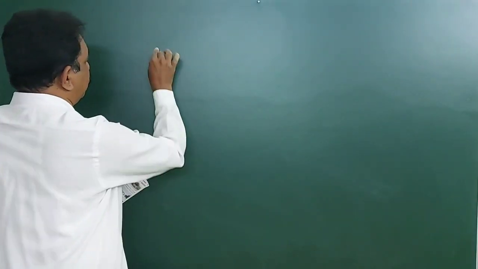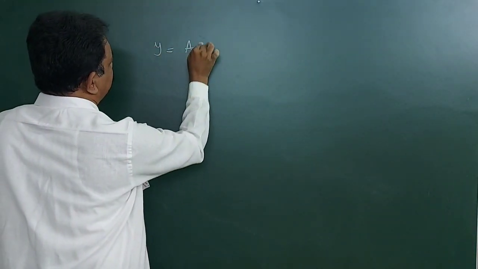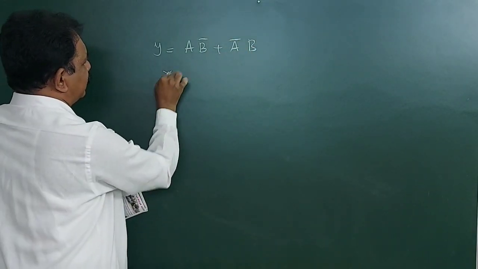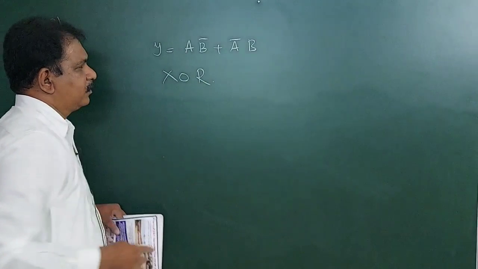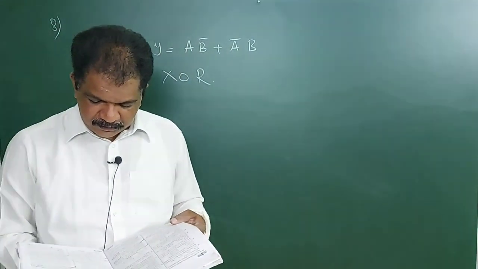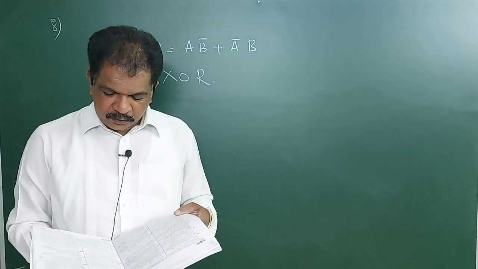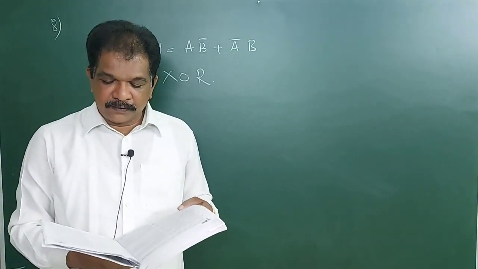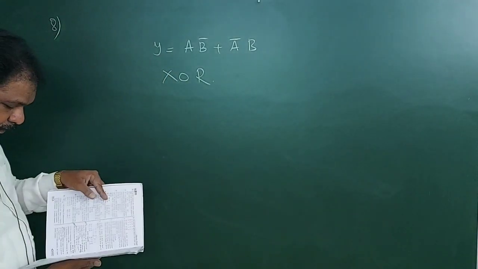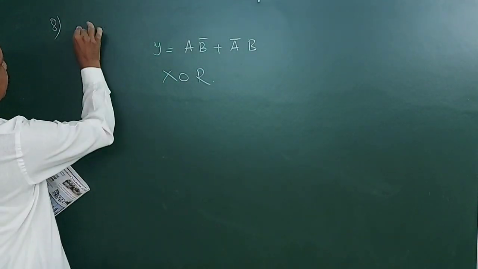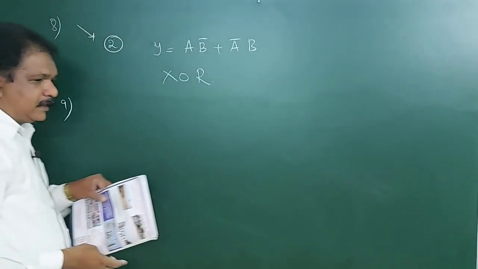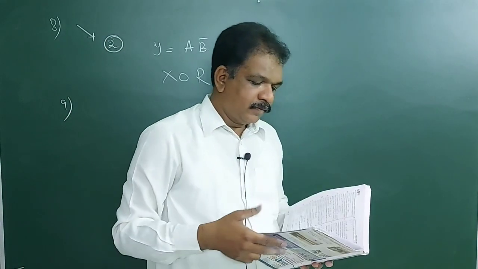For XOR gate, output will be Y is equal to A B bar plus A bar B. So, exclusive OR gate, so that truth table will be relating to XOR gate. Next. So, eighth question, it will be second option.